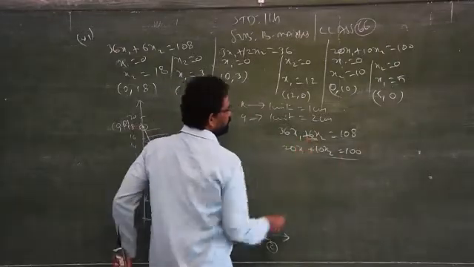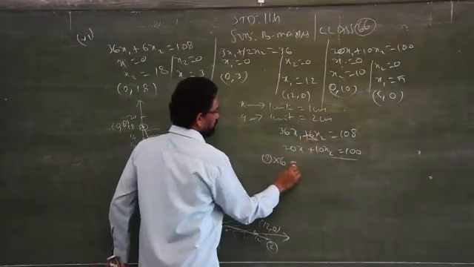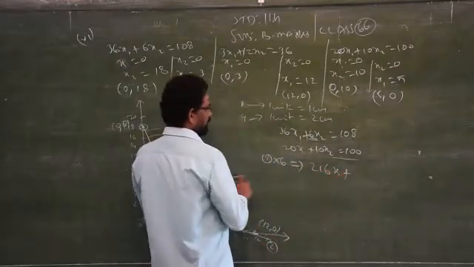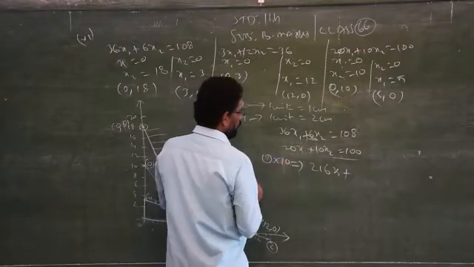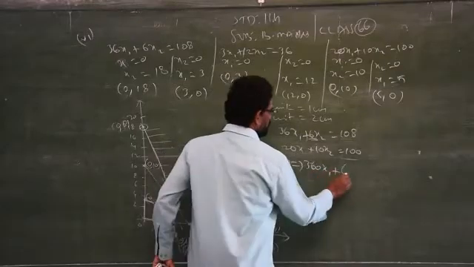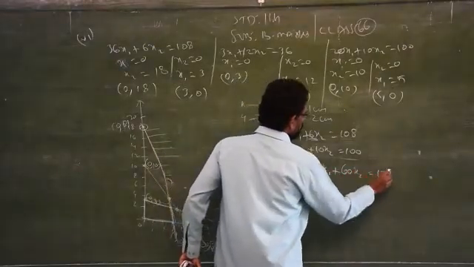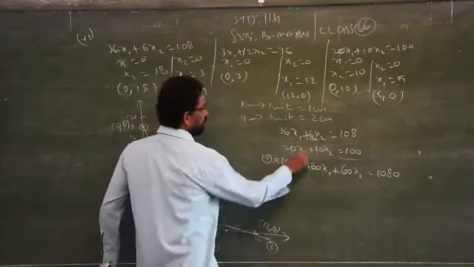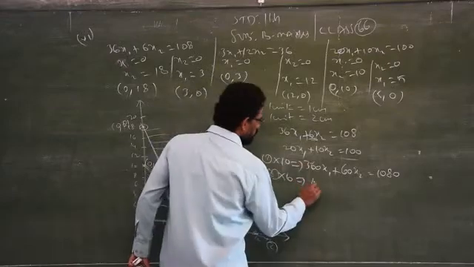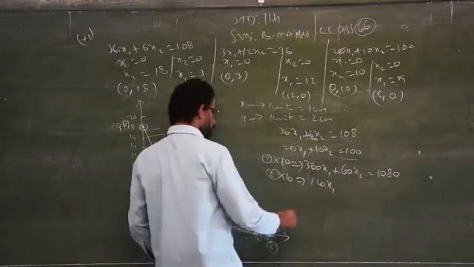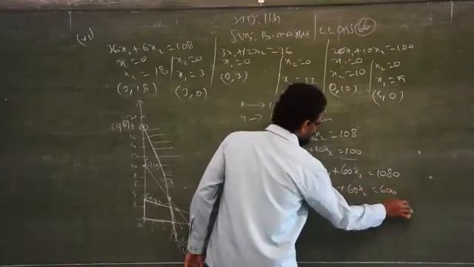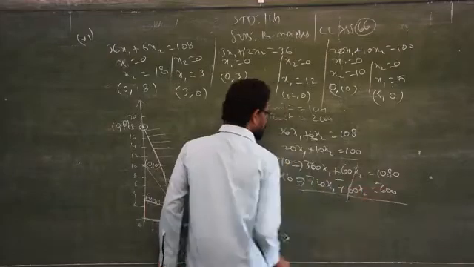Multiply equation number 1 by 6: 216 x1 plus 360 x1 plus 60 x2 is 1080. Then multiply the second equation by 6 because I would like to eliminate x2: 120 x1 plus 60 x2 is equal to 600. Just change the sign, and these two get eliminated.